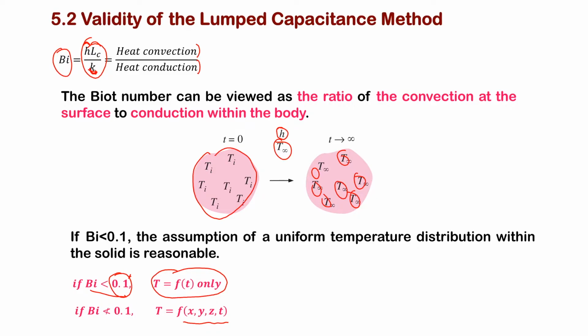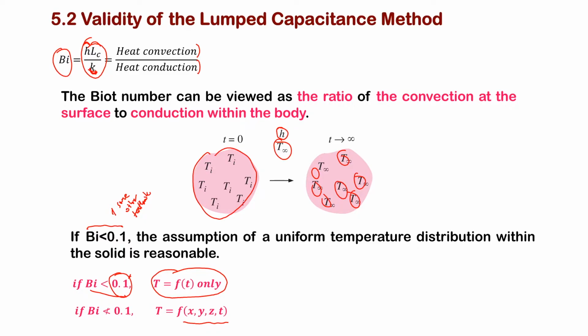Okay? So as a side note, this criteria is, as you can see here, basically a heuristic number. Some textbooks use, instead of 0.1, 1 as the criteria for the lumped capacitance method.